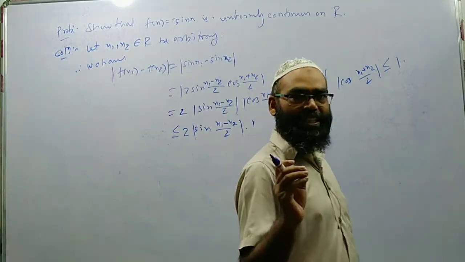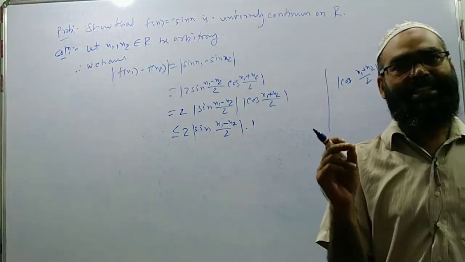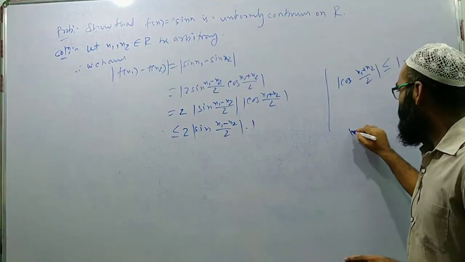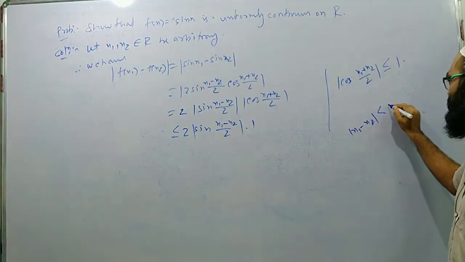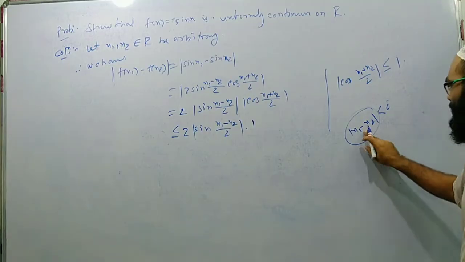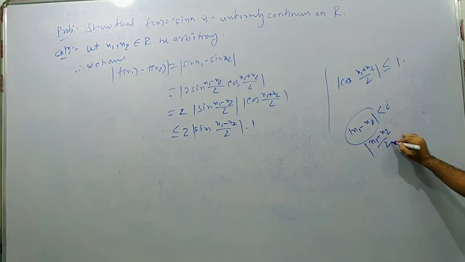Now in practical use, observe that delta, the real number delta, is very small. So modulus of x1 minus x2 less than delta implies this is also very small, and if this is small, then modulus of x1 minus x2 by 2 is also small.